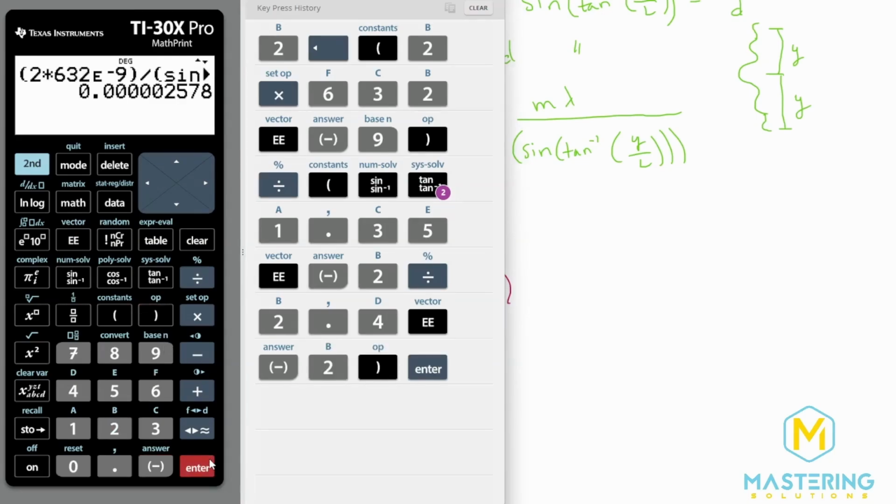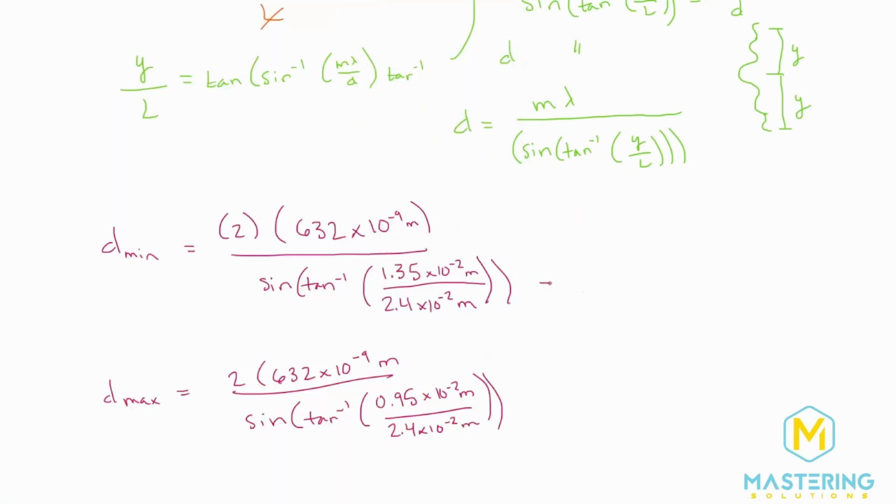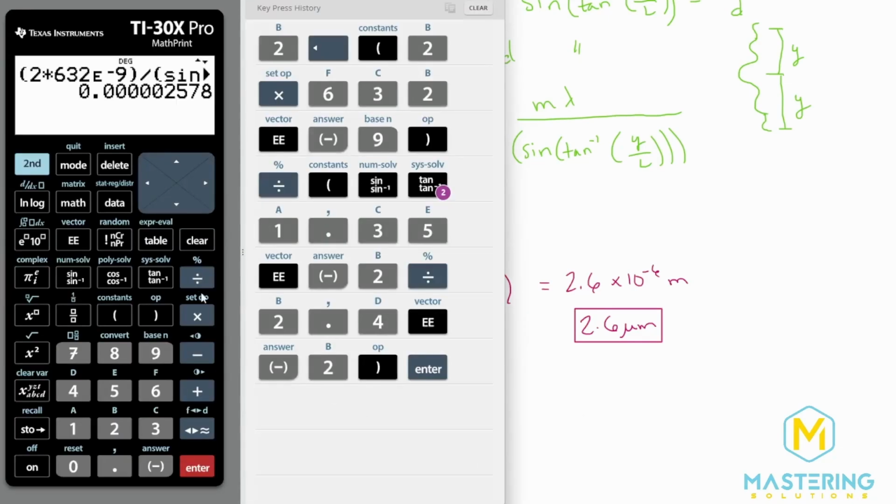And then that gives us 2.6 times 10 to the negative 6 meters. And that is another way of saying 2.6 microns. So that's the answer for our minimum. And then we can plug the same thing in here and just change our value to give us the maximum.